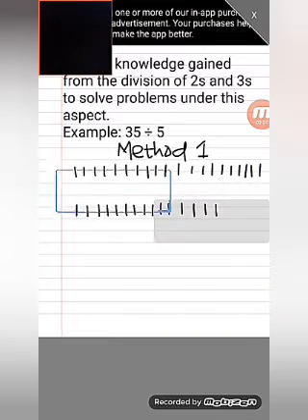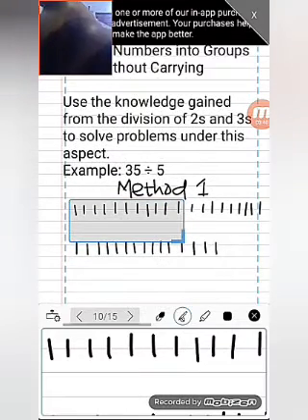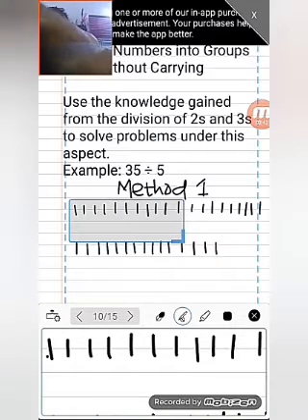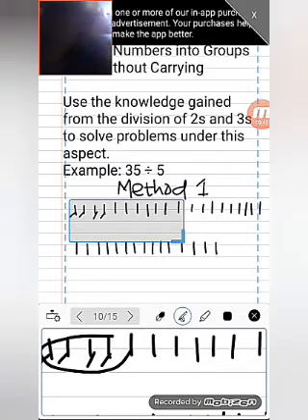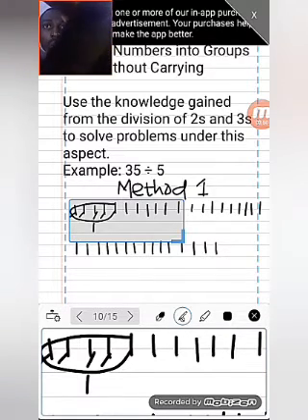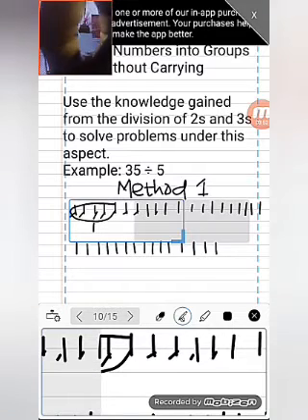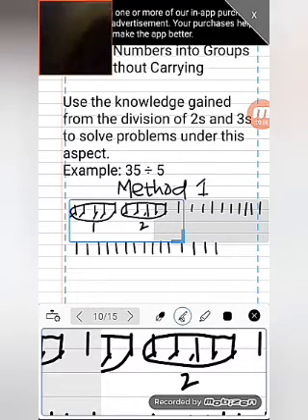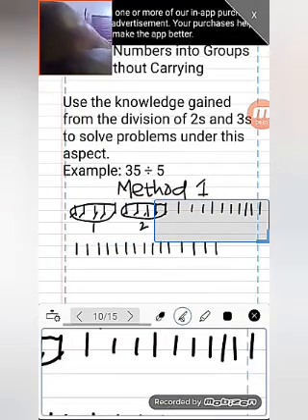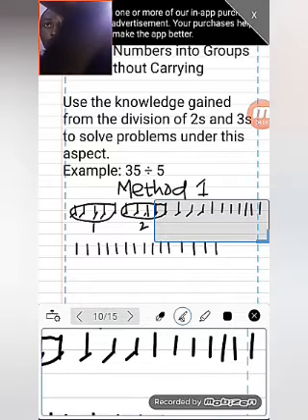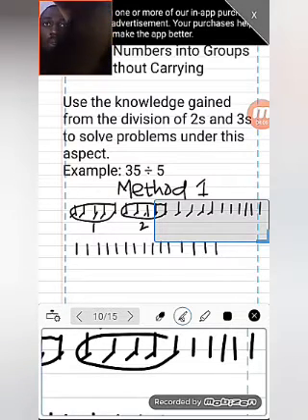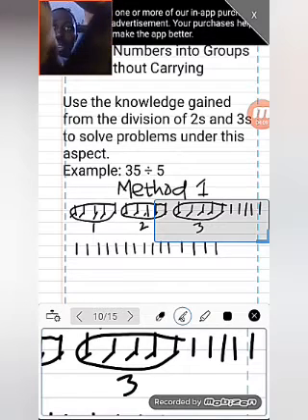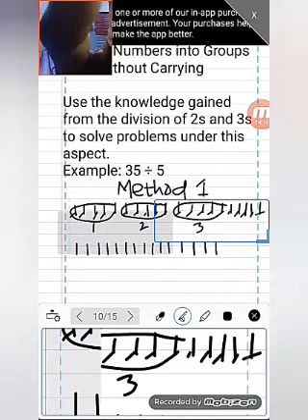Now we divide by 5. That is counting in groups of 5. 1, 2, 3, 4, 5. That's 1. 1, 2, 3, 4, 5. That's 2. 1, 2, 3, 4, 5. That's the third group. 1, 2, 3, 4, 5.